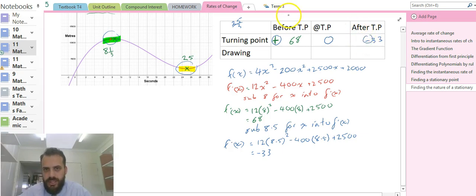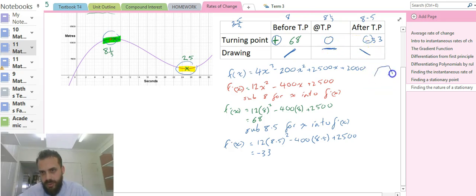This was where I tested it at number 8. This was the turning point at 8 1/3. This was after the turning point at 8.5. Now, drawing this, a positive gradient looks like this. A 0 gradient looks like this. And a negative gradient looks like this. Bring them all together.